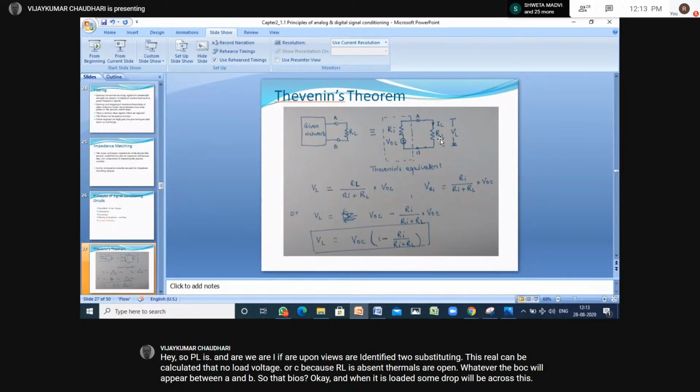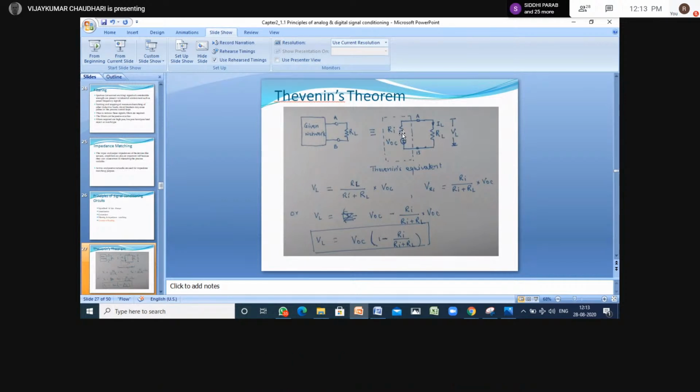Understand that if RL is far greater than RI, so RI is negligible, then RI upon RI plus RL will be very small because RL has a higher value, and the drop will be negligible, so that VL will be approximately equal to VOC.